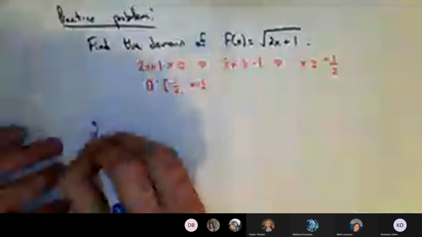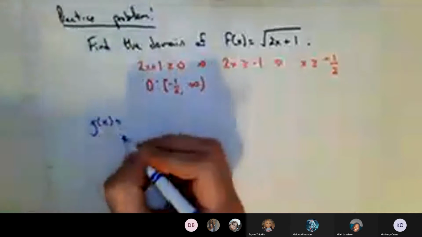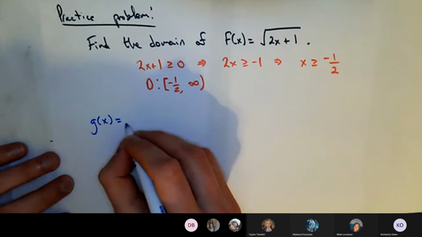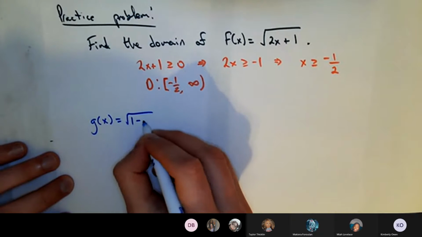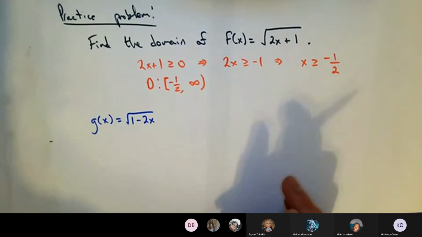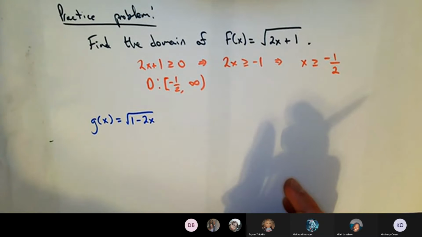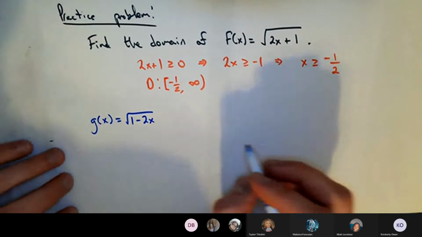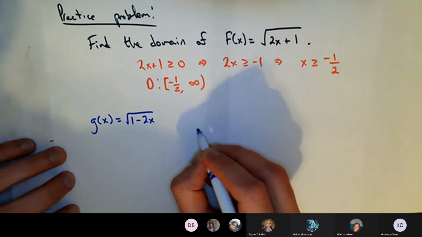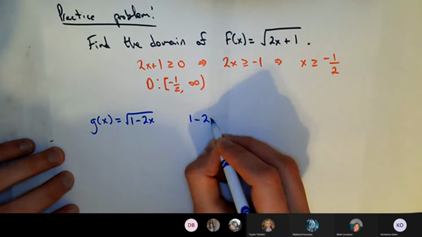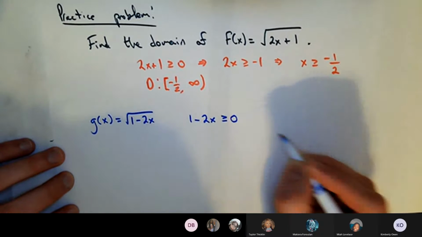Let's take another function, g of x equals the square root of 1 minus 2x. Okay, so I'm going to set that thing greater than or equal to 0.